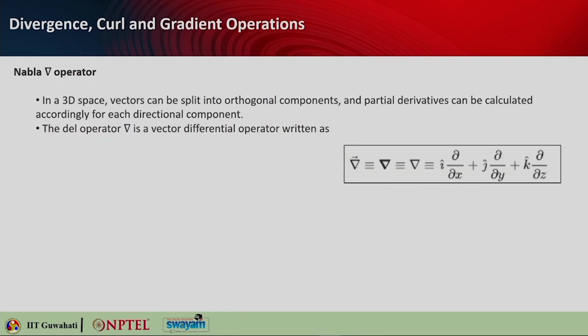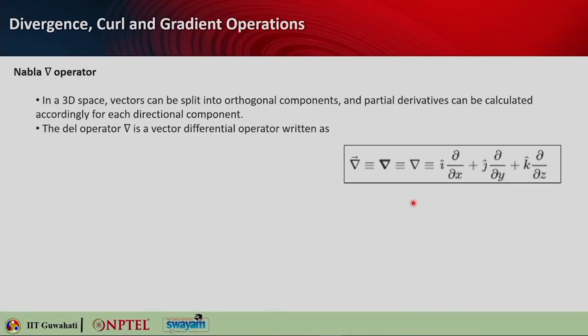One such important operator is called nabla, or you can also call it del. In 3D space, vectors can be split into their orthogonal components. Any vector will have its x, y, z components if we take the Cartesian coordinate system. In this particular lecture, we'll only focus on the Cartesian coordinate system.